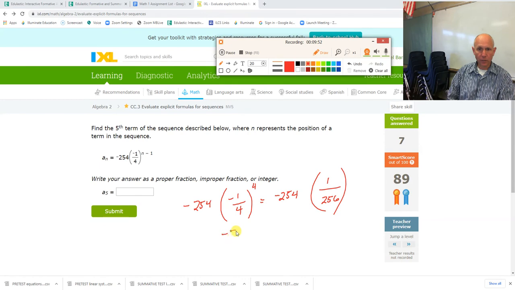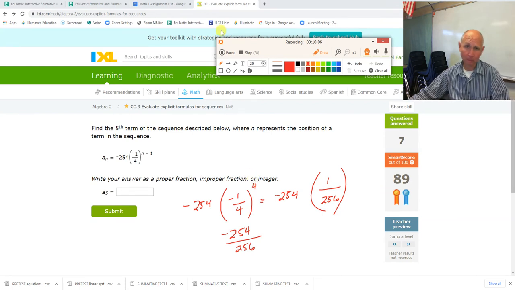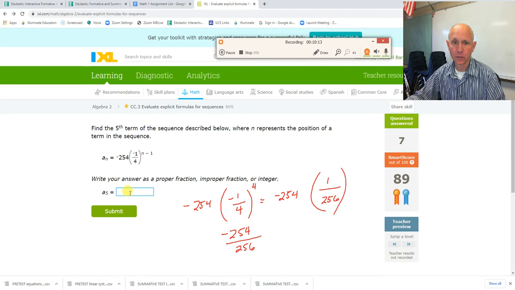So I have negative 254 over 256. Doesn't say that it has to be simplified. I'm going to go with that. It could be simplified, but it's not asking me to simplify it. So negative 254 over 256.